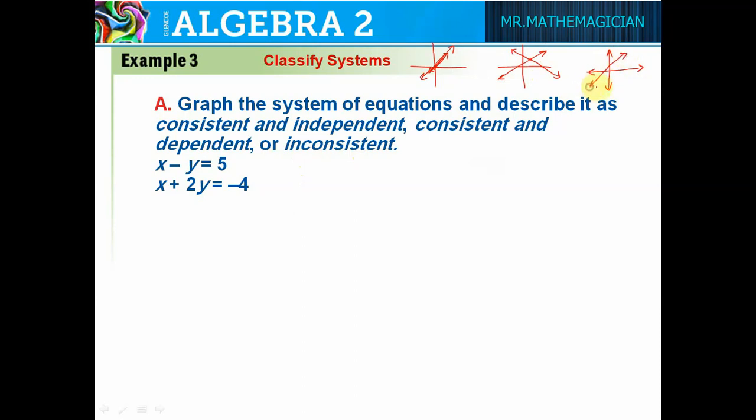Two lines are parallel means they never intersect, and no solution in this case. So if the graph gives you this shape, it means it's consistent dependent, because the two lines depend on each other. In this case, consistent independent. Independent means every line has its own direction, so they will intersect at one point. In this case, it's inconsistent, which means no solution.